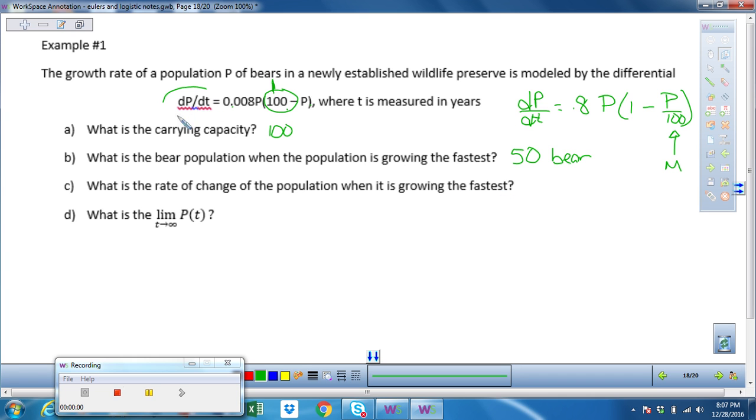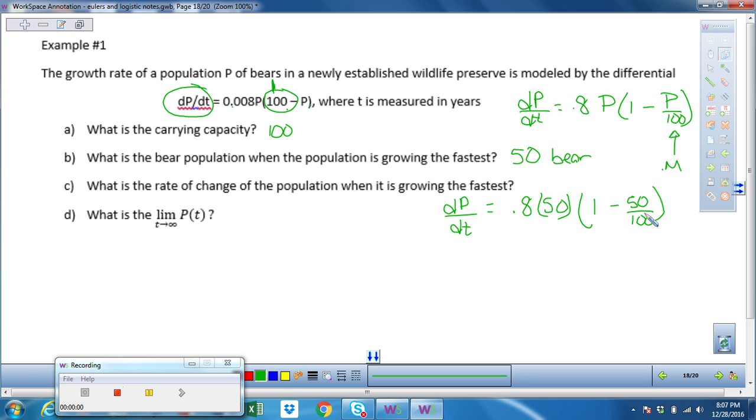Well, we have the equation for dP/dt. This is how fast the bear population is growing. So to find dP/dt, I simply just evaluate this expression. So 0.8P in this case would be 50, and this would be 1 minus 50 over 100.